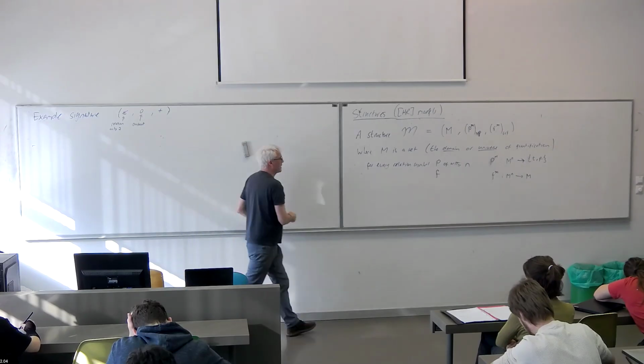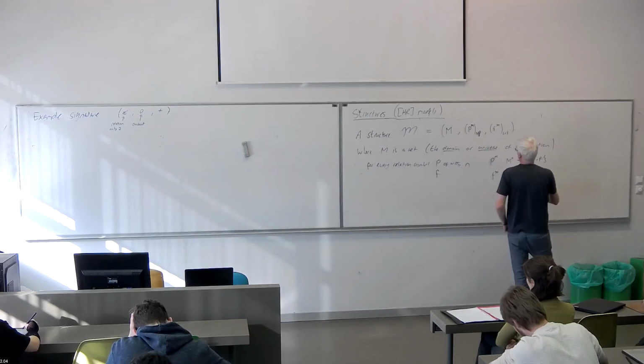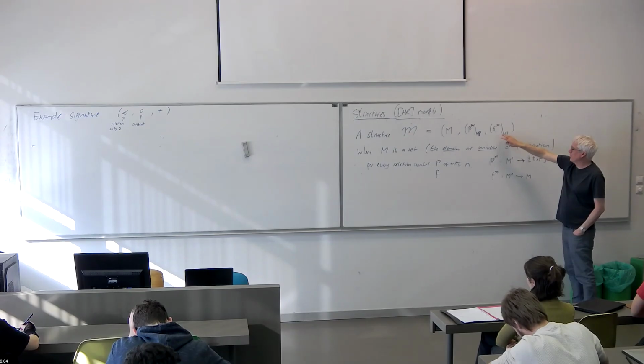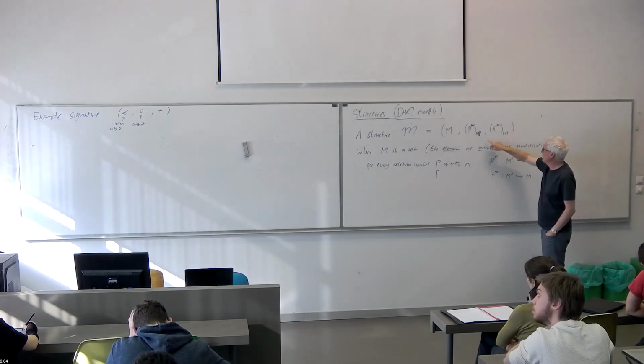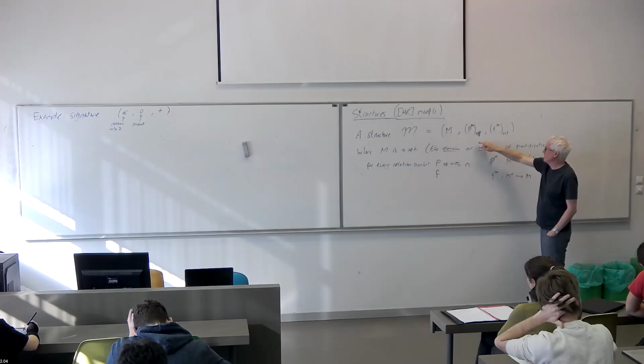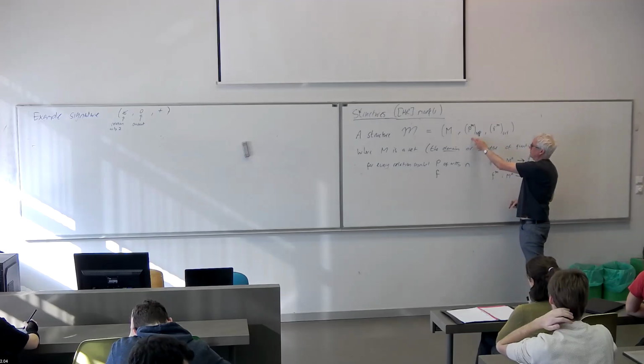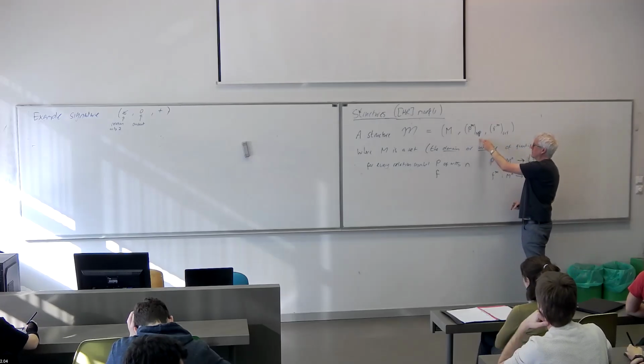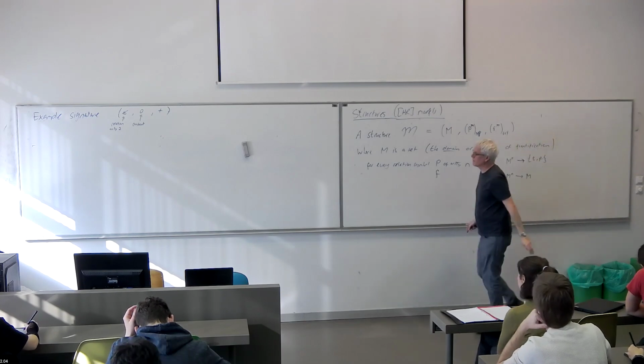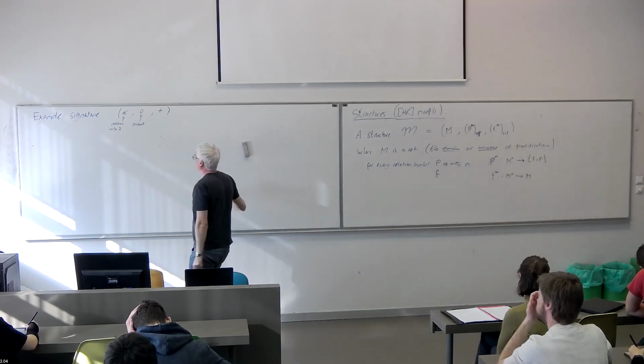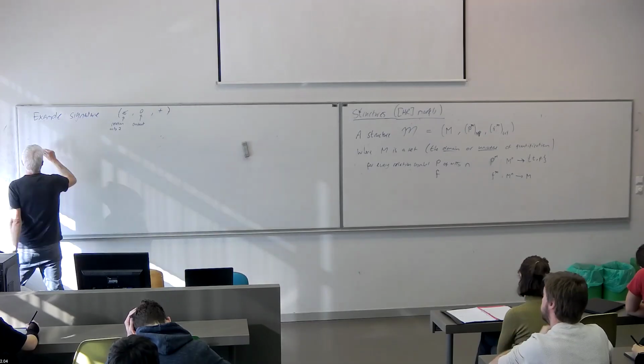Notice that what a structure requires is determined by the signature, because you need an interpretation of every predicate symbol and also of every function symbol. So, an example structure for the above signature.